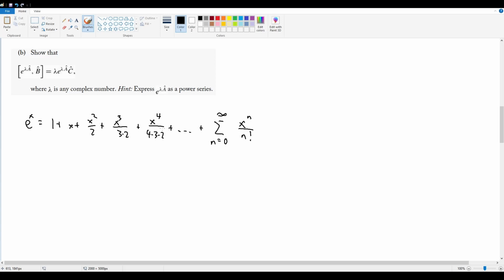So rewriting this commutator in summation form, this is equivalent to the summation from n equals 0 to infinity of lambda times a hat to the power of n over n factorial, and then this is commutated with b hat. And now our goal is to somehow take this and massage it into the form of this.